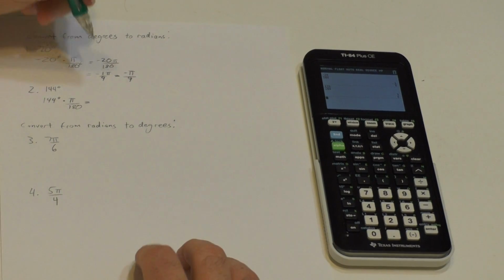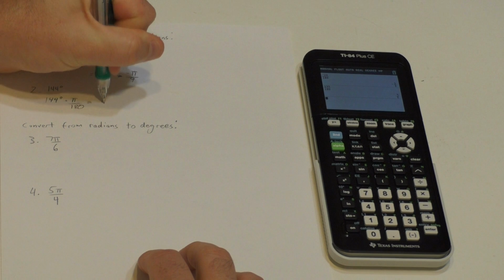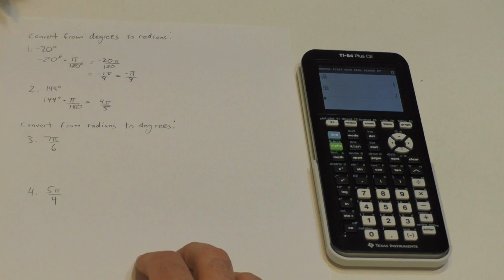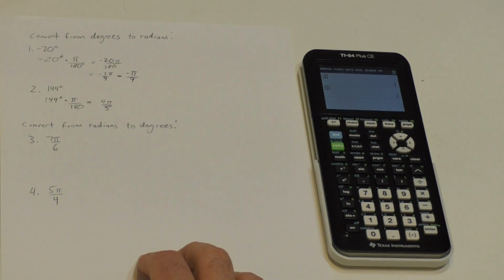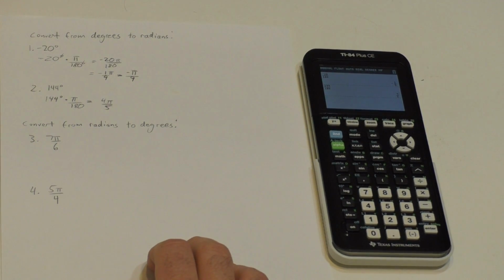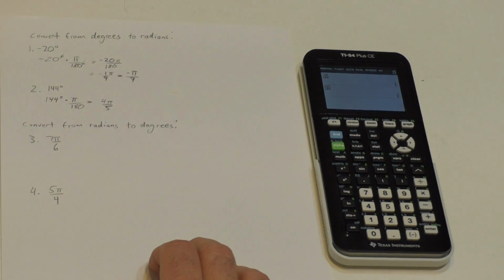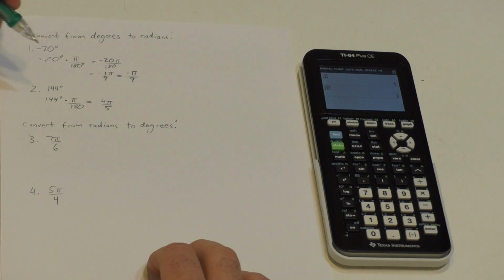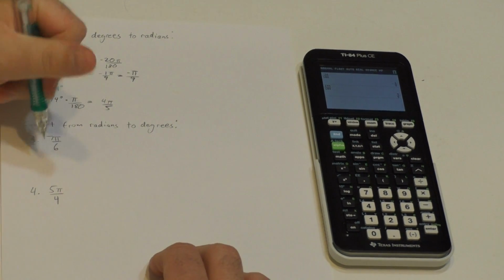And I get 4/5, so I'm going to tack on that pi, so 4 pi over 5. Okay, so that's my radian measure of 144 degrees, okay? So again, you don't multiply by pi in your calculator, you're just going to tack on the pi at the end.